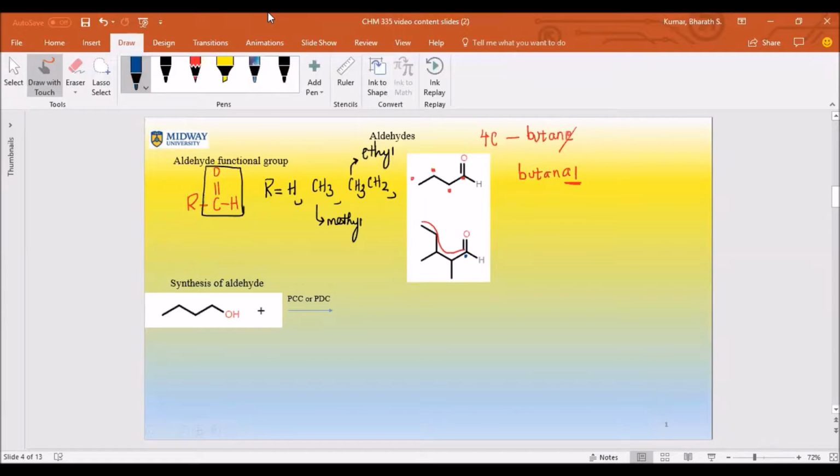So this is 1, 2, 3, 4, and 5. Not only should you have a long chain, but the long chain should also contain the functional group. Again, this is information we have learned in Chem 330, but came back to again in 335. So you should know that. That means this will make your substituents. So you start numbering from here. So 1, 2, 3, 4, and 5.